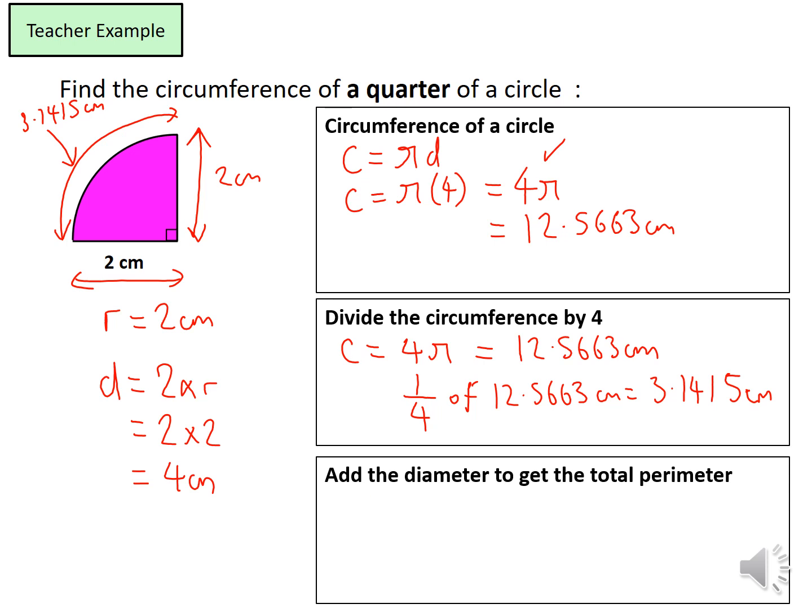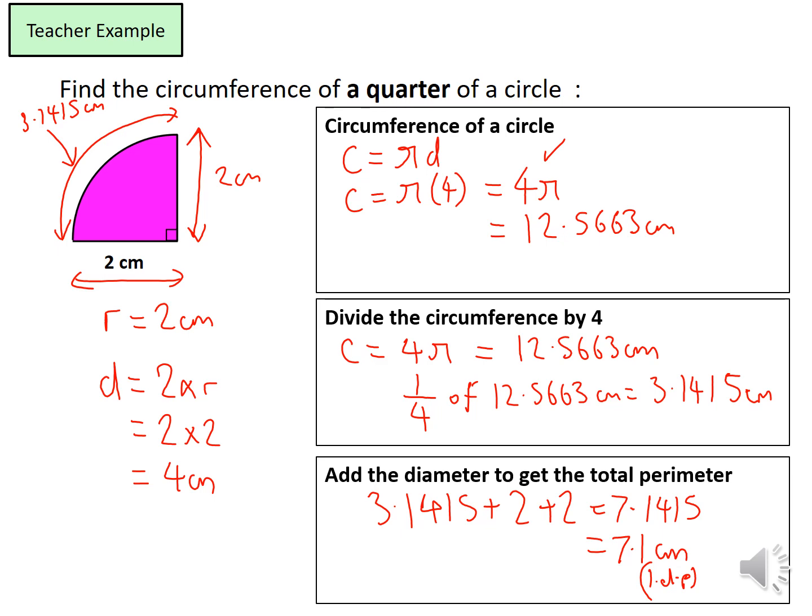Add them up together, the total will give you 3.1415 plus the radius on one side and the other radius to give you a total of 4 for the diameter. Remember, the diameter is 4. You can simply just write in there 4, and the answer here will give me 7.1415. If you round that up, that will give you 7.1 centimeters to 1 decimal place.